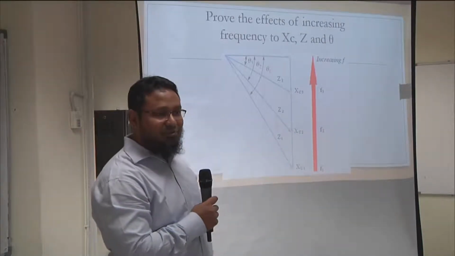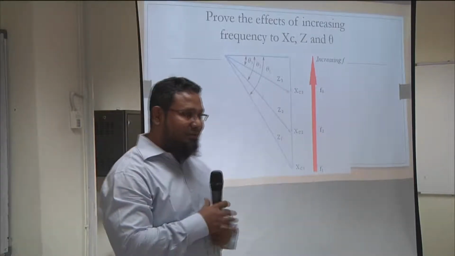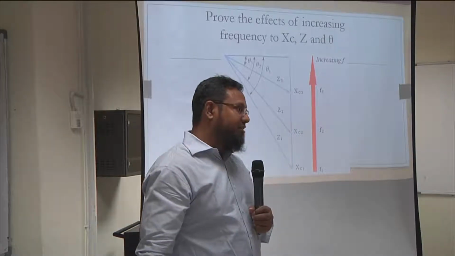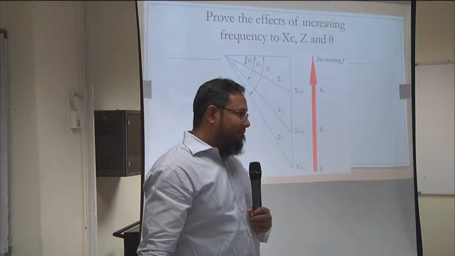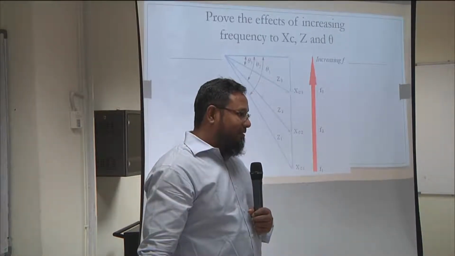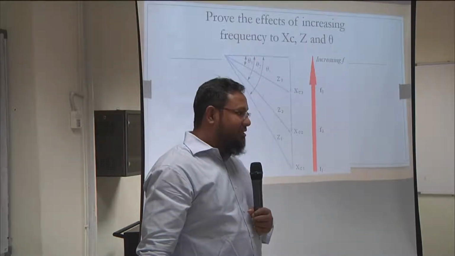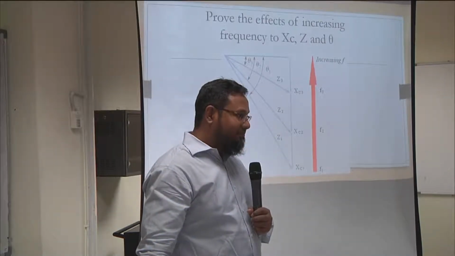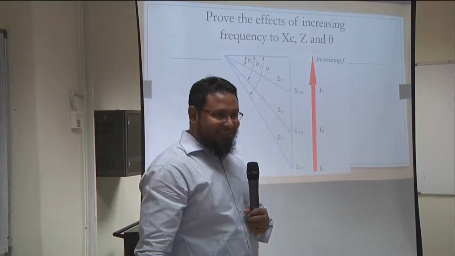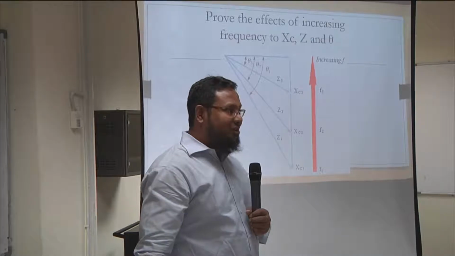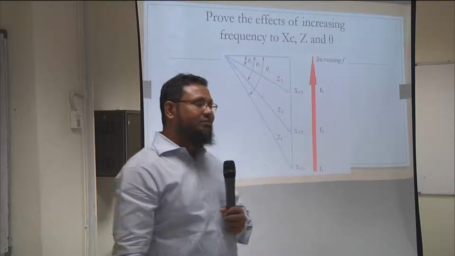What happens if the frequency is 0? In case of a capacitor, what would be the impedance of a capacitor if the frequency is 0? If the frequency is 0, the impedance of a capacitor will be infinity, because it's 1 over j omega C. So you put omega equal to 0, 1 over 0 is equal to infinity.